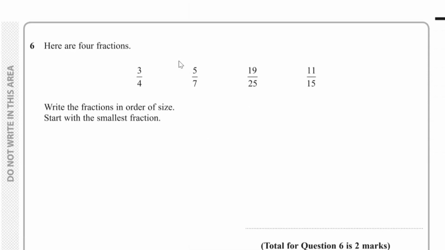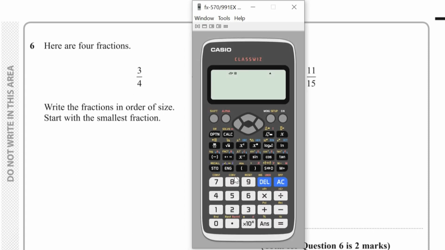Question number 6. Here are 4 fractions. We've got 3 quarters, 5 sevenths, 19 25ths, and 11 15ths. We have to write the fractions in order of size. Start with the smallest fraction. Well, what we'll do is we'll convert each of these to a decimal. If we have 3 quarters, press S to D to convert it into a decimal, we get 0.75.